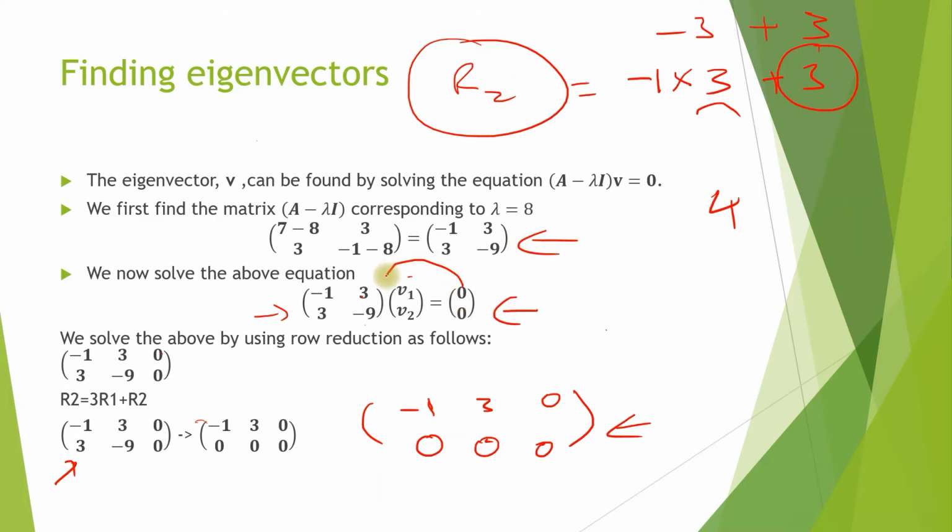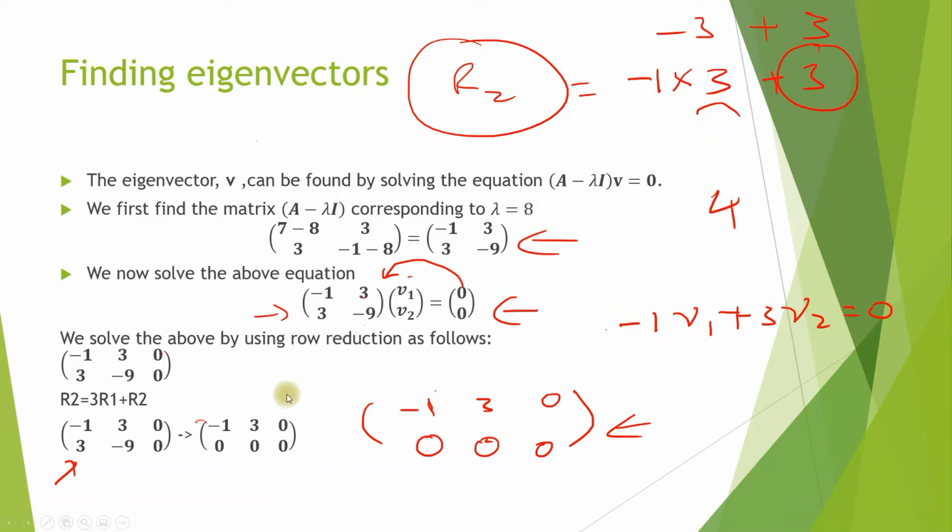What you did is that you brought the solution of the equation in there, and then the solution to the problem is that you have -1 times v1, which you are not seeing here, plus 3 times v2, equal to 0.